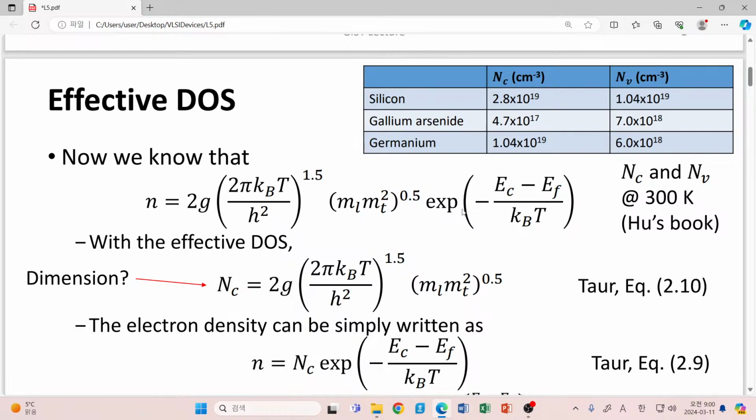So previously we introduced the concept of effective density of states, and density of states is actually regarded as the energy density of the number of our electronic states.